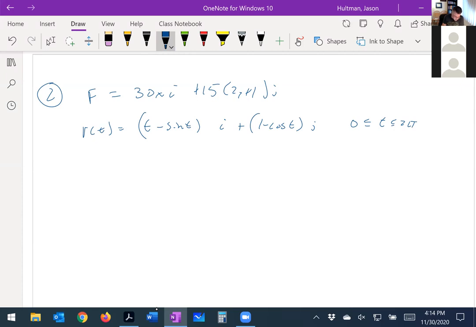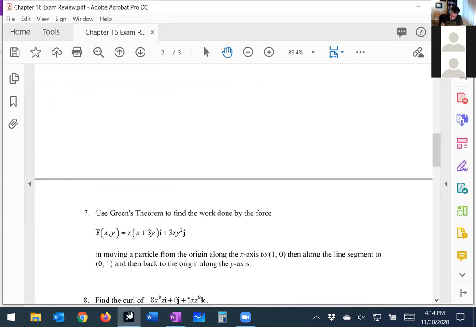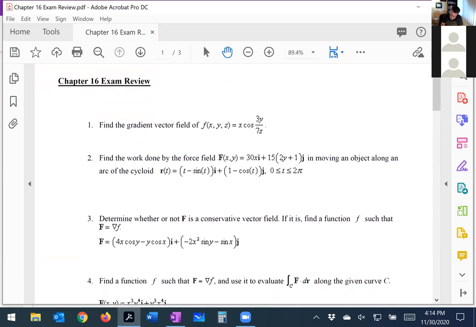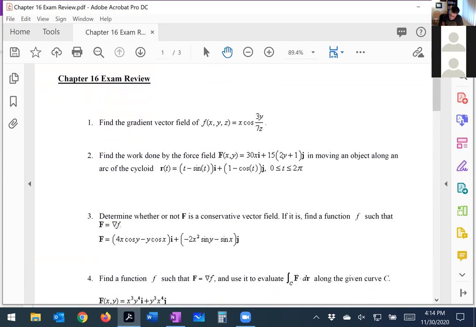So they want a line integral on this thing? Oh, find the work done moving an object along it. So this is F dot dr.